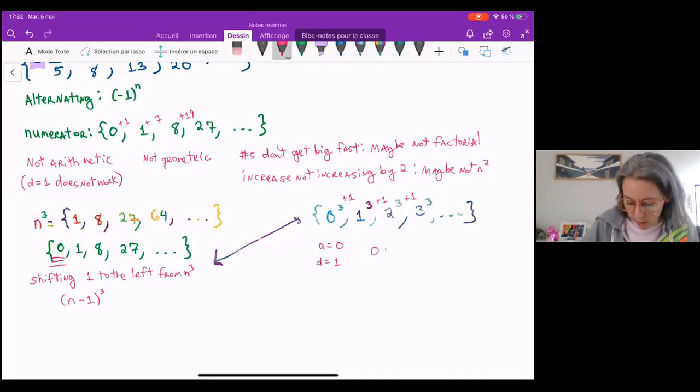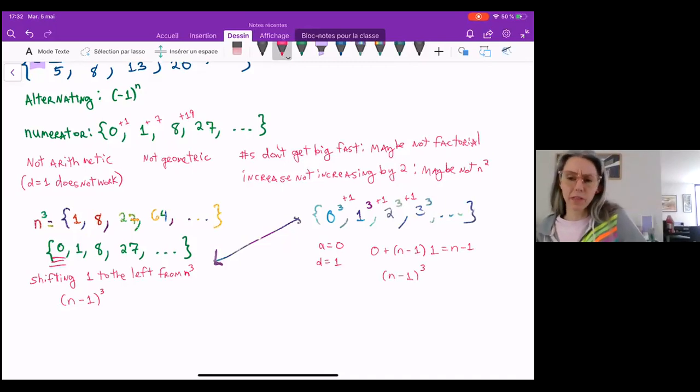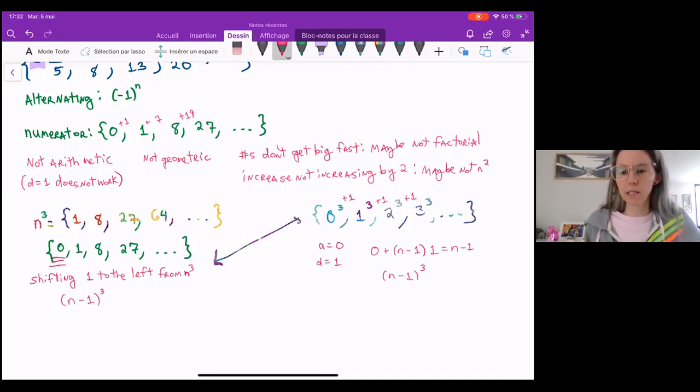So when I plug that in, I get 0 plus n minus 1 times 1, which just gives me n minus 1. We then add the cubed to it. So either way of thinking about it, as an arithmetic sequence that's then being cubed, or as something being shifted to the left, we still end up with n minus 1 cubed.